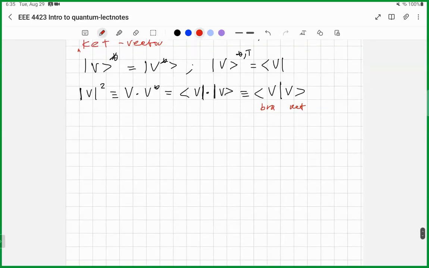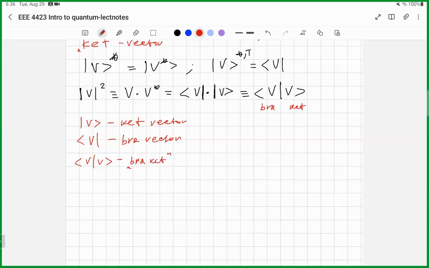Let's write this somewhere here. So this is the cat vector. The counterpart, the transposed and complex conjugated, is the bra vector, and the composition like this is the bracket composition.